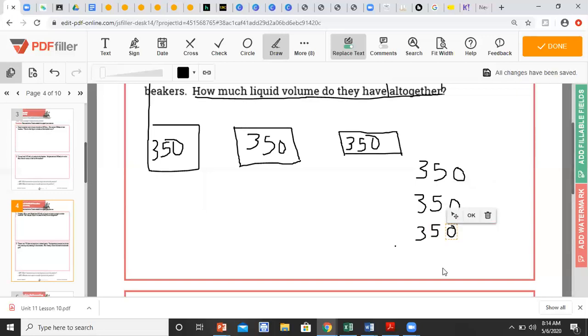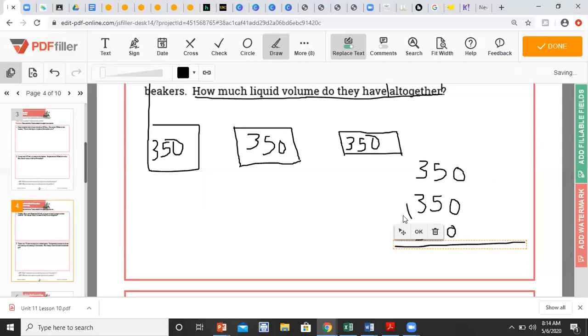When we add it, we see that 0 plus 0 plus 0 gives us 0. We can add 5, 10, 15, and then we will carry the 1. Hold on, boys and girls, let me close the door.